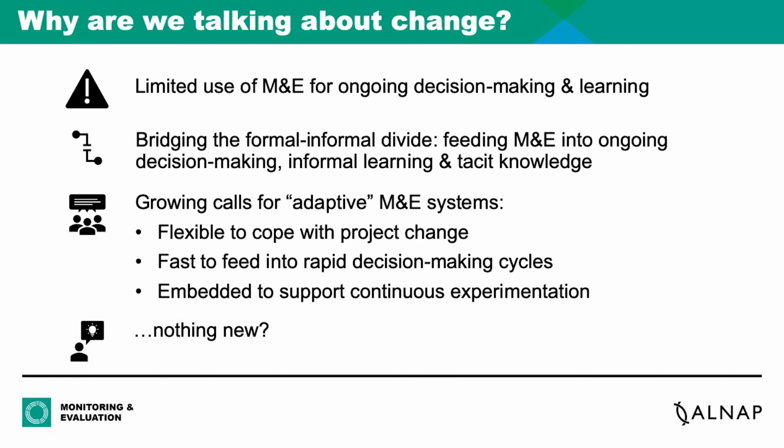And when you look at the scoping paper that ALNAP published in 2017, we reviewed the approaches to monitoring across the ALNAP membership, and we found consistently that there was a preference for the use of monitoring information to be used for donor accountability as opposed to project learning. So this is a repeated call. I think it's something we've heard before, and we're hearing it again now.